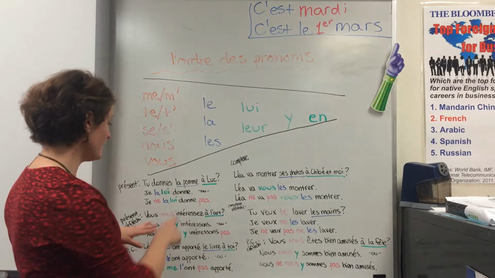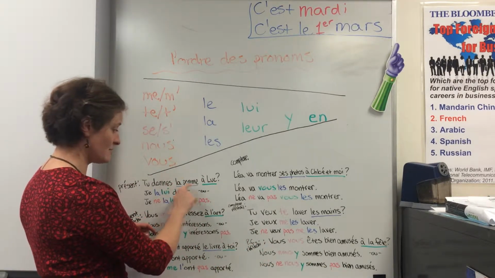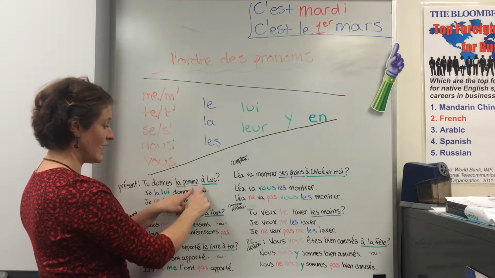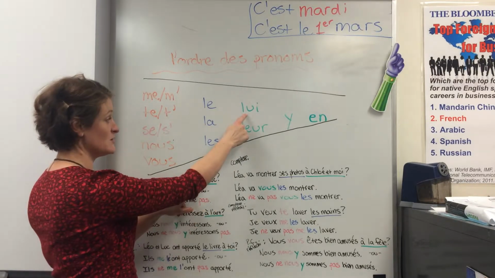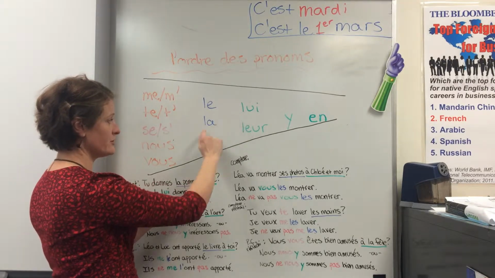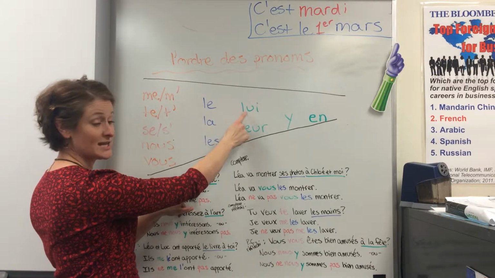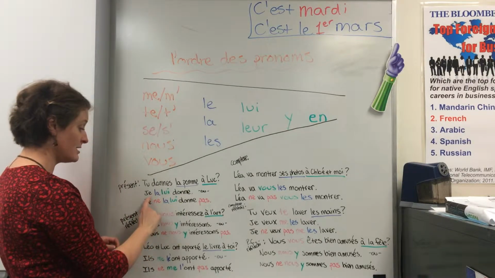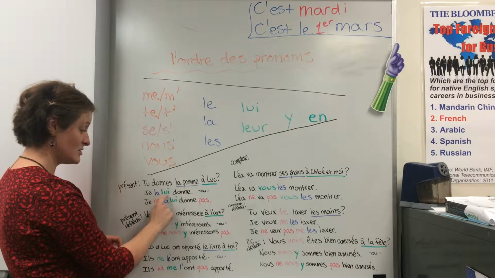Okay, so la pomme, direct object pronoun. We would use la to replace la pomme. À Luc, to him, we would use lui. Okay, so what order do they go in? La comes first, and then lui. Je la lui donne. Oui, je la lui donne. Yes, I'm giving it to him.